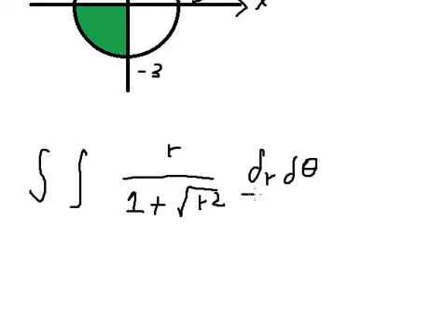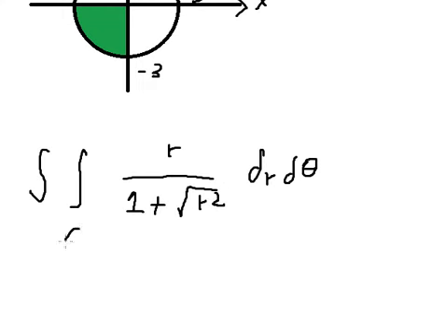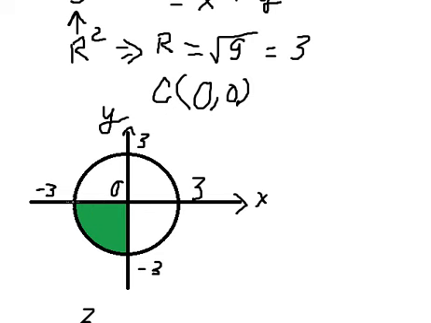Now about the r, that is about the radius of the circle. So from 0 to number 3. For d theta, they start in here. So we know that this one should be pi. When they go in here, that is about 3 pi over number 2.